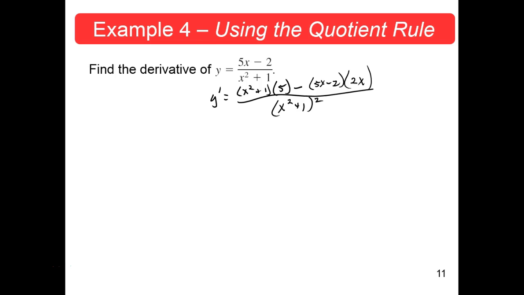Okay? So let's see what we got. Simplify that numerator some. Distribute first. 5x squared plus 5 minus 10x squared. Say again. Minus 10x. Negative 2.